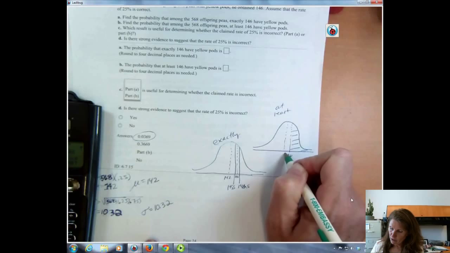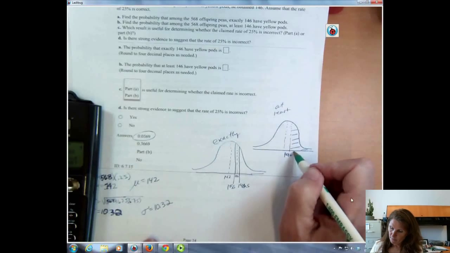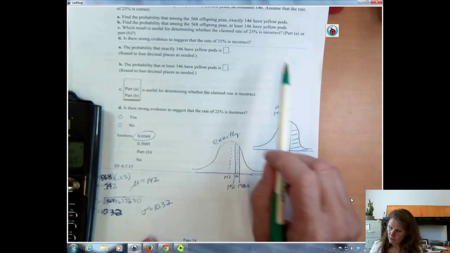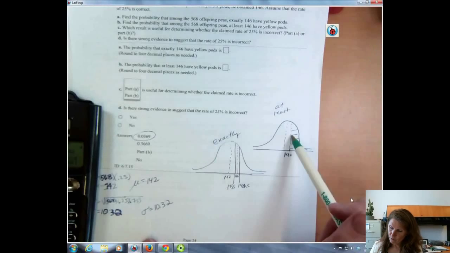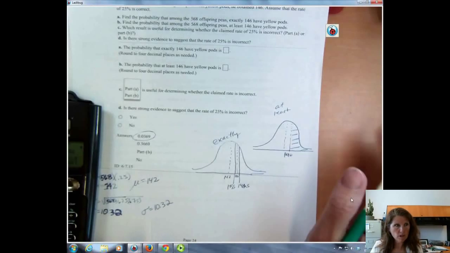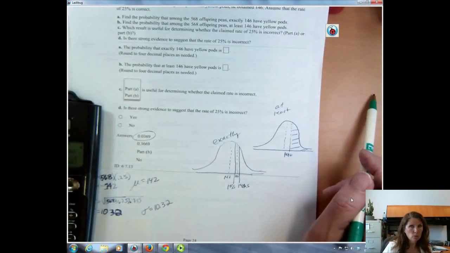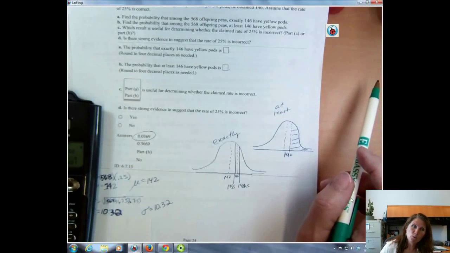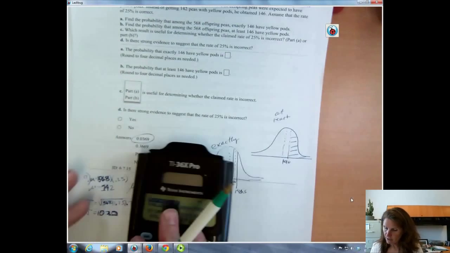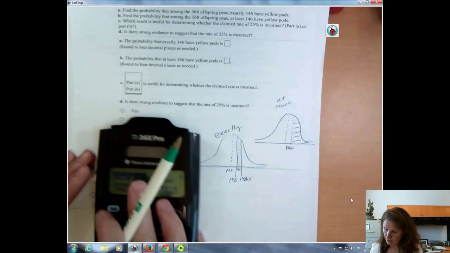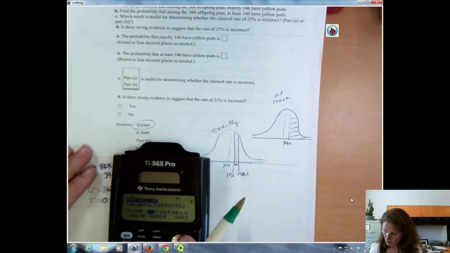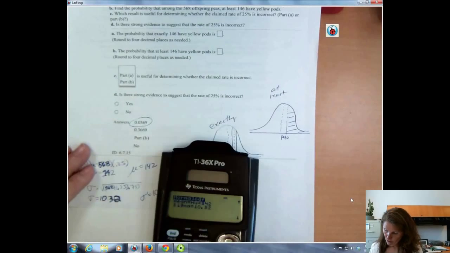But for our continuity purposes, in this case, at least 146 means 146 or more. My thinking is that it would be including 146 because it's not saying more than 146. Let's try it and see what we get. We're not matching their answers exactly, but hopefully we can get close. Our mean is 142.